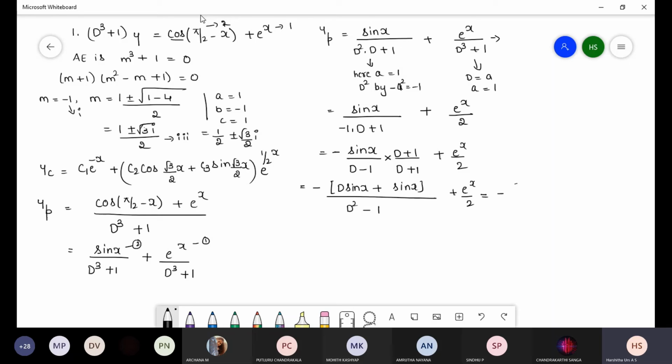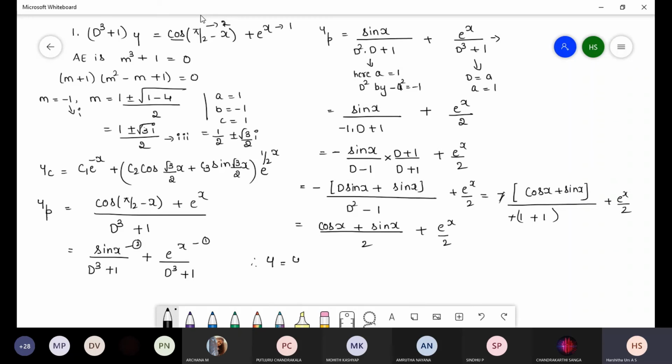That is minus of the differentiation of sin x, which is cos x, plus sin x, divided by d square, that is minus 1, plus e power x by 2. So cos x plus sin x divided by 2, because minus minus will get cancelled, plus e power x divided by 2.